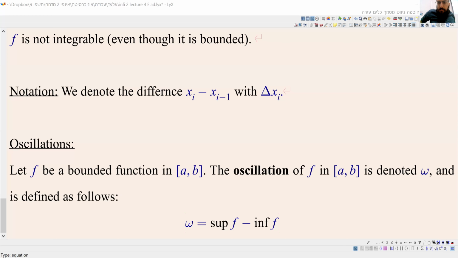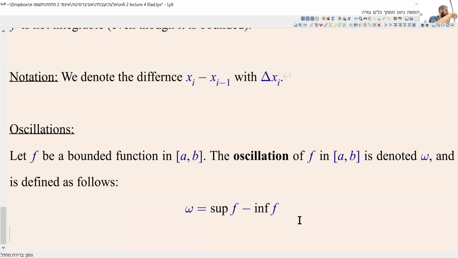Now, when we have a partition and the partition has subsegments, we can define the oscillation in every subsegment.